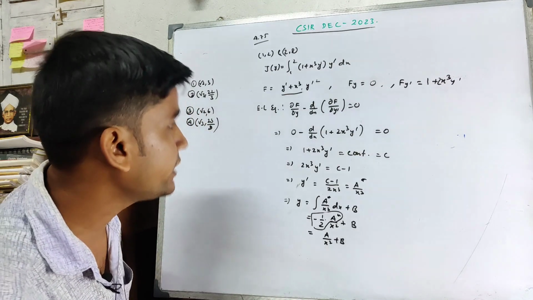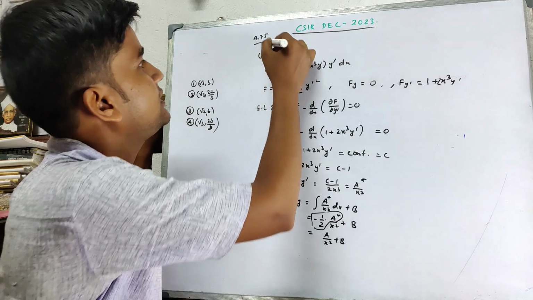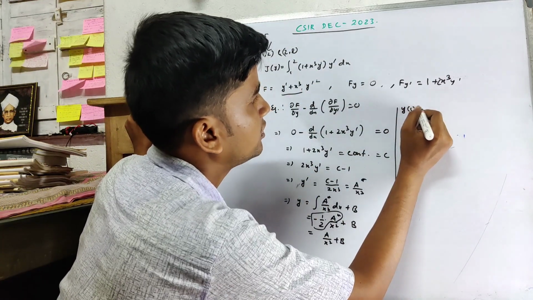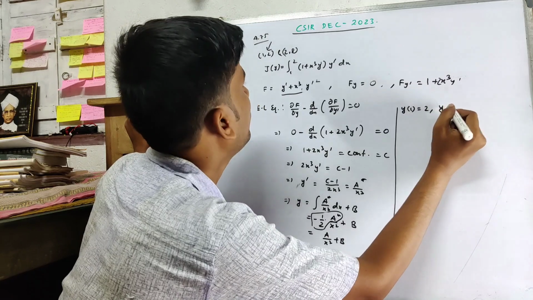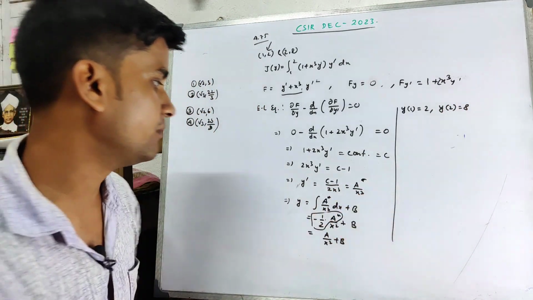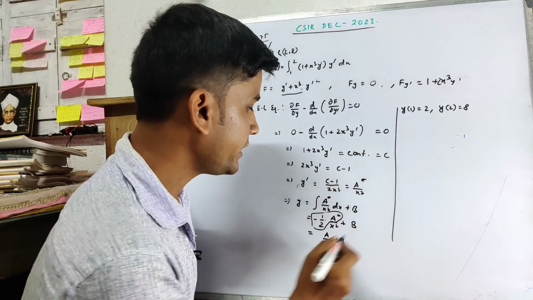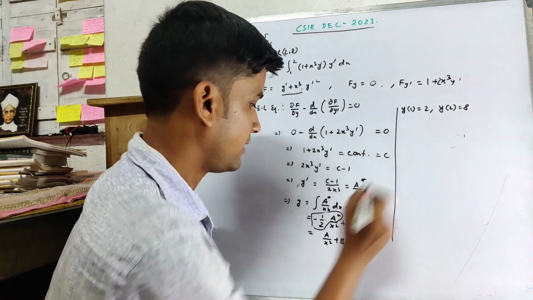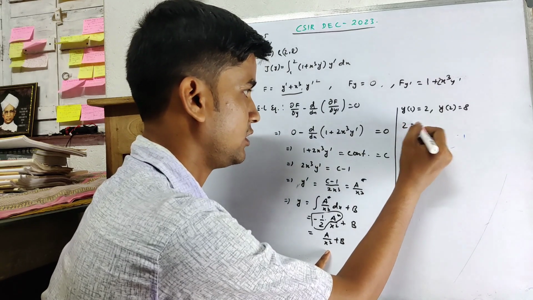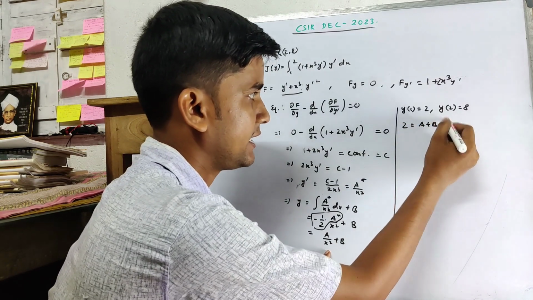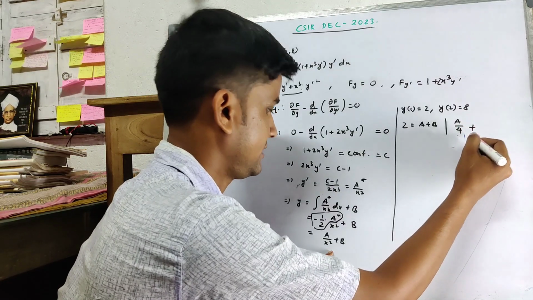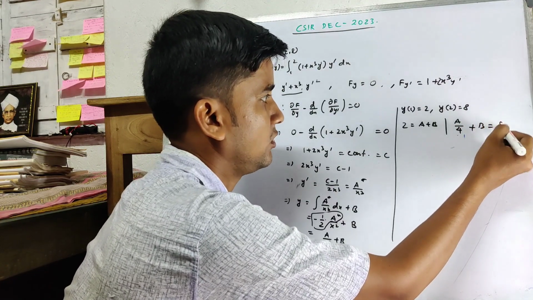Now y(1) equal to 2 is given, and y(2) is equal to 8. So these two conditions we have. y(1) equal to 2 means 2 is equal to a plus b, and the second one is a by 4 plus b equal to 8.